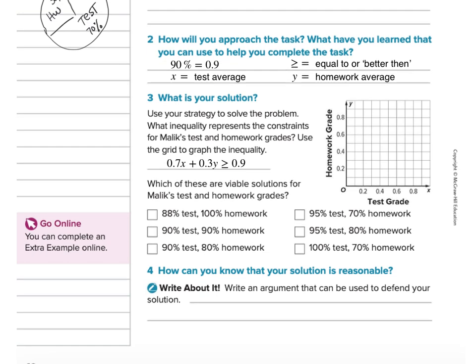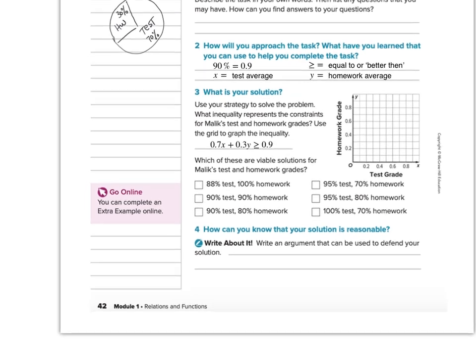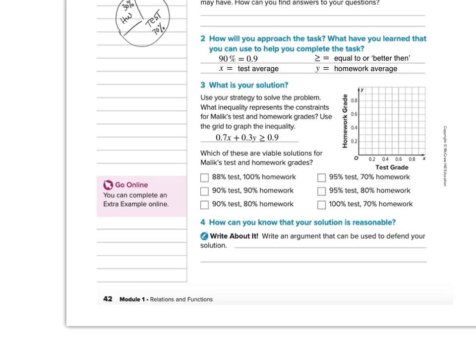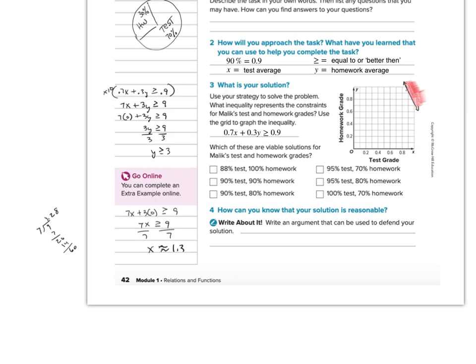So which of these are viable solutions for Malik's test and homework grades? Well, I'm going to tell you, let's use the standard form to come up with my intercepts. So when I go ahead and calculate my y-intercept and my x-intercept, they're off the charts.